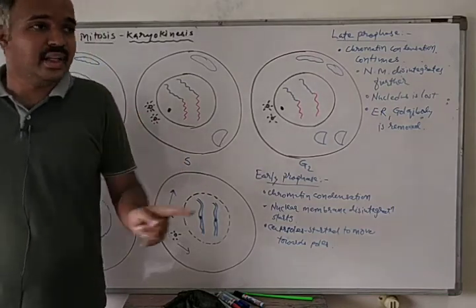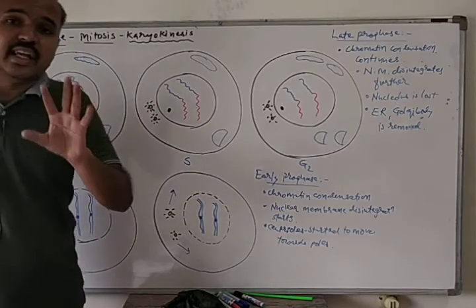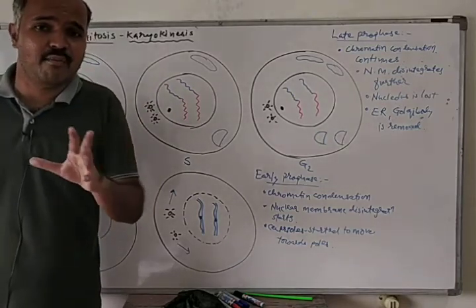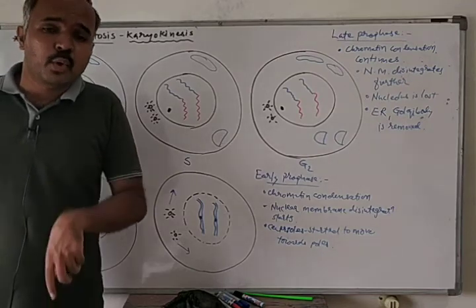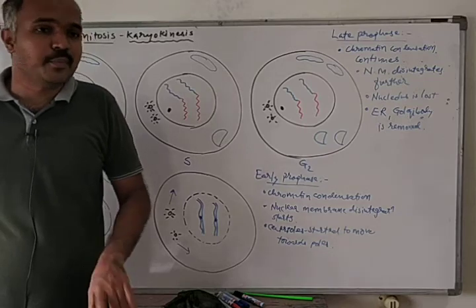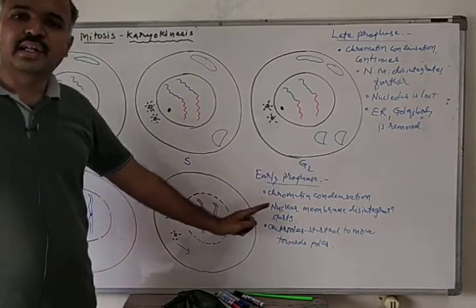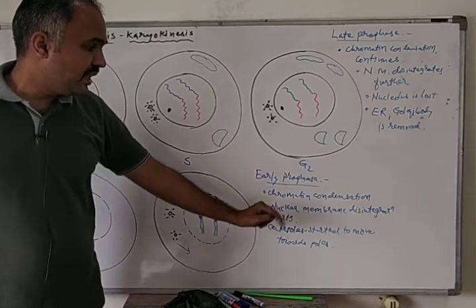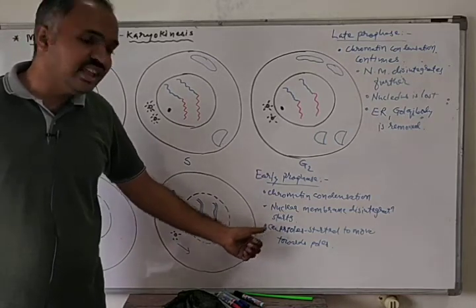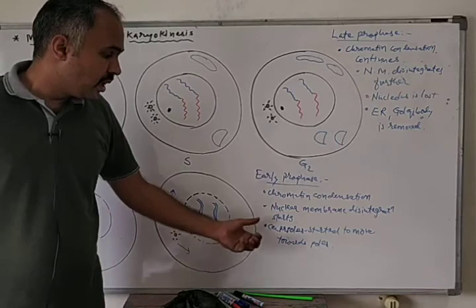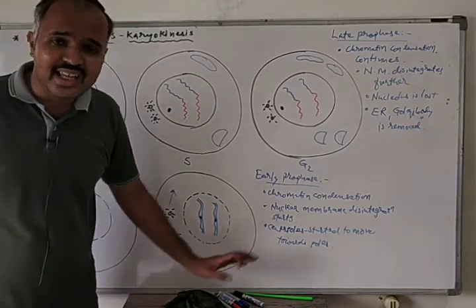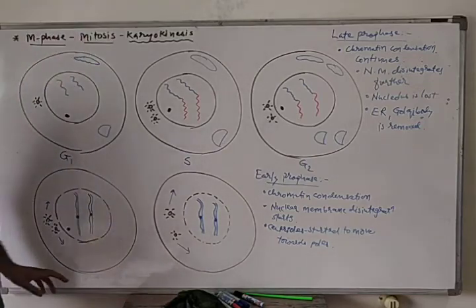Okay, we are learning karyokinesis, and in karyokinesis there are 4 subphases: prophase, metaphase, anaphase and telophase. In the prophase also there are 2 subphases: early prophase and late prophase. The key events of early prophase are chromatin condensation begins, nuclear membrane disintegration begins, and centrioles start to move towards opposite poles.